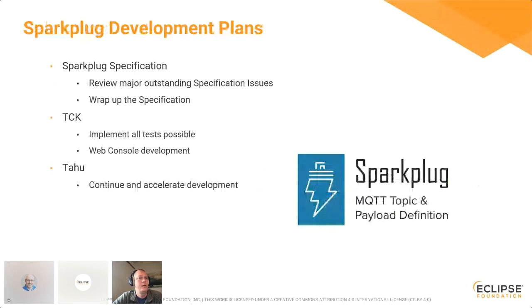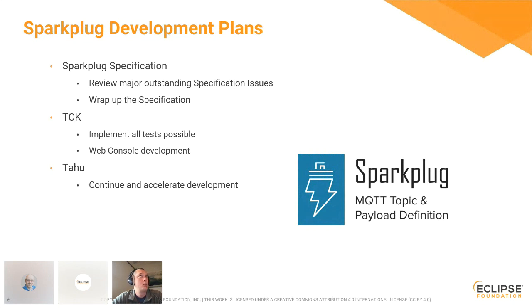As far as plans from this point forward, we have a few issues to work out on the specification. We're in that final 20% phase, so things slow down a bit there, but that can happen concurrently with what is happening with the TCK and in Tahoe as well.